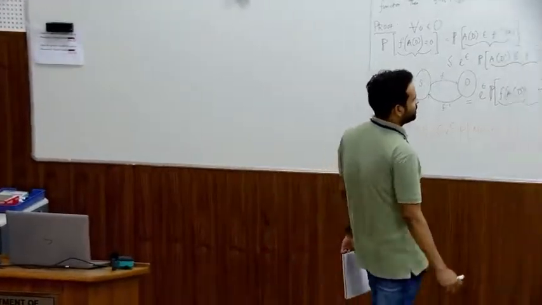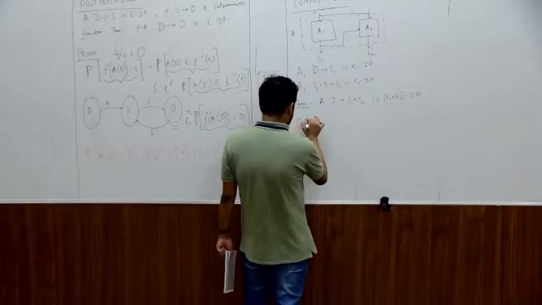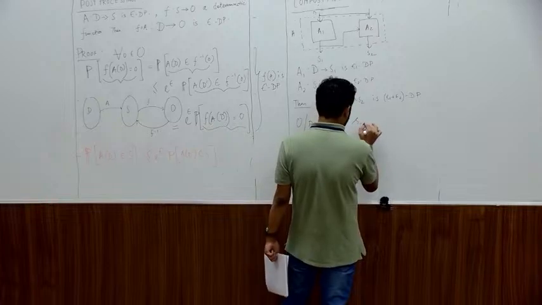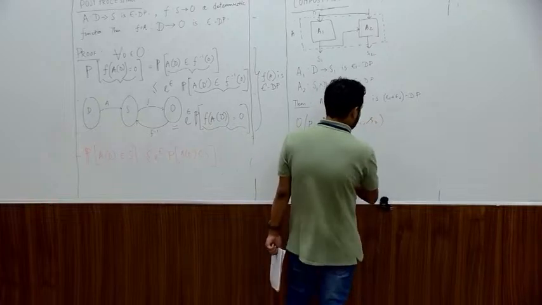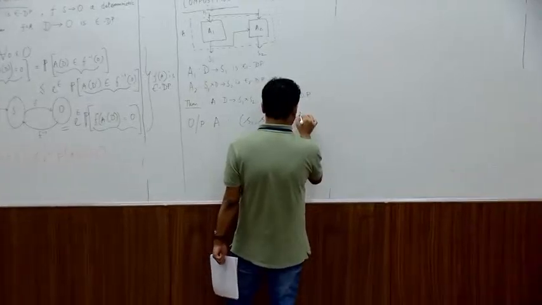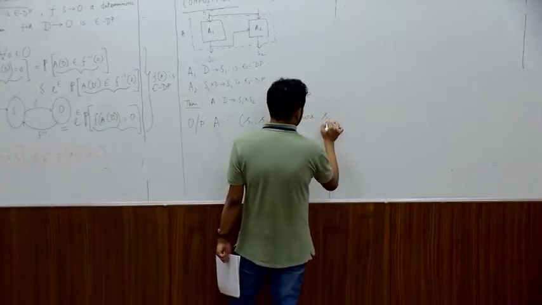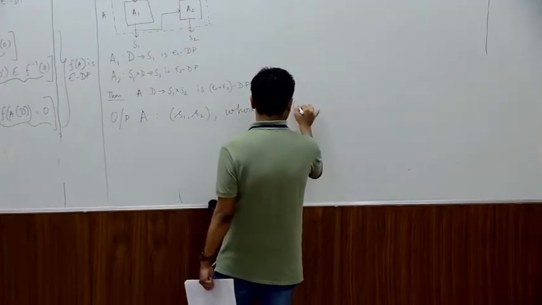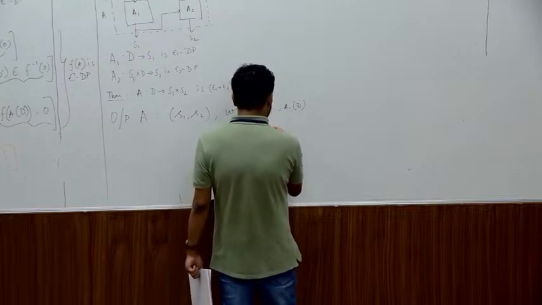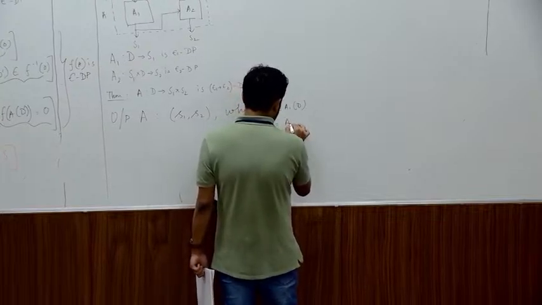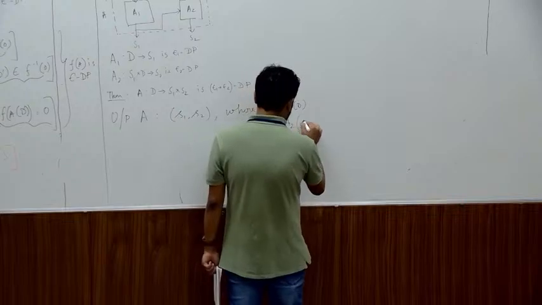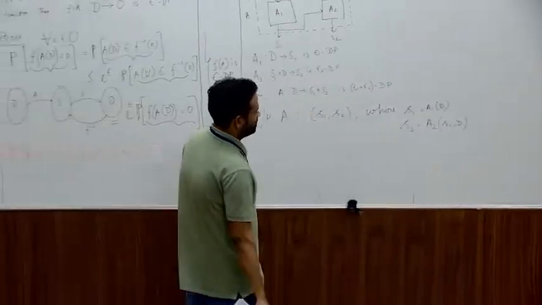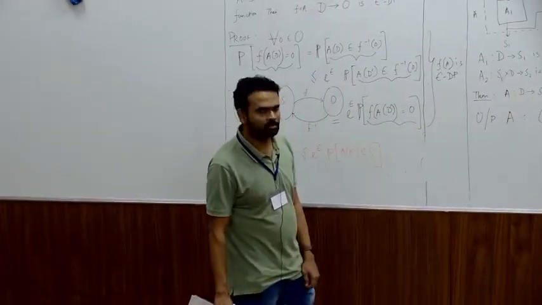Any output of A is given by these numbers small s1 comma small s2, where small s1 is basically A1 of D and small s2 is A2 of small s1 comma D. Small s1 is dependent on D. Okay, this is how the output of A looks like.